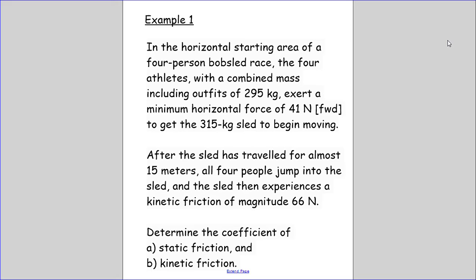After the sled's traveled for almost 15 meters, all 4 people jump into it, and then the sled experiences a kinetic friction of a magnitude of 66 newtons. And so we need to determine the static friction and the kinetic friction of this problem. In order to do that, we're going to have to set up our 2 formulas for A and B.